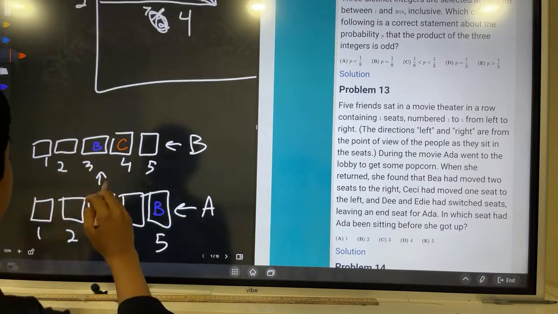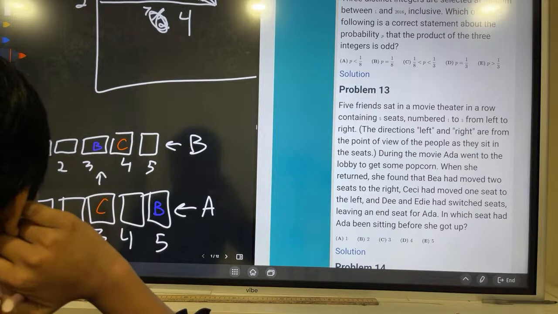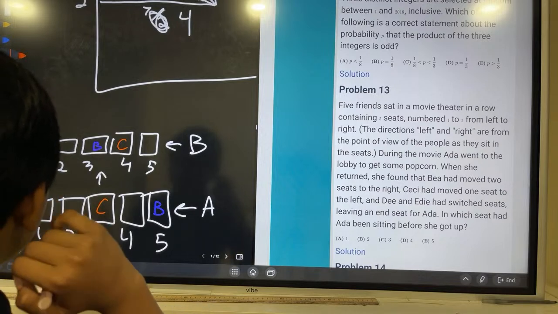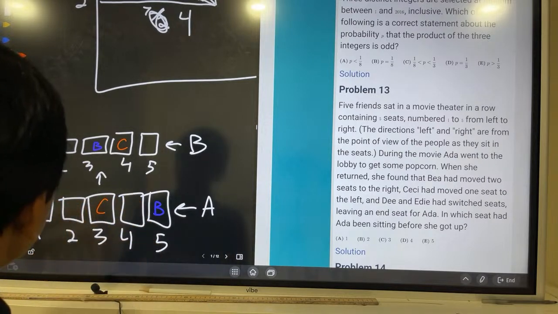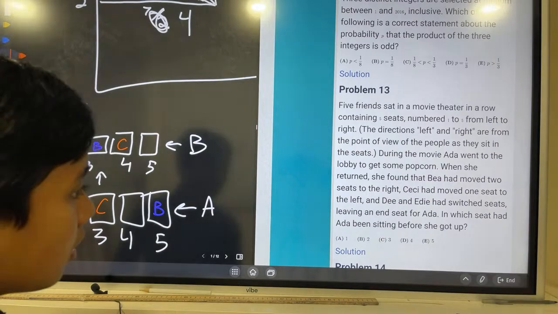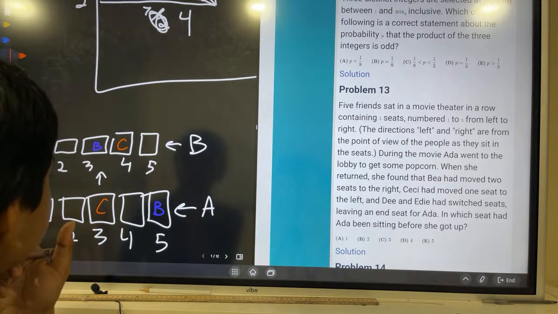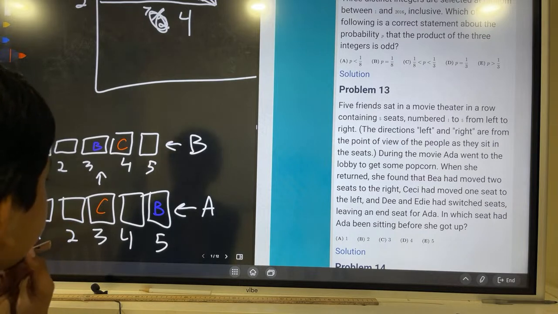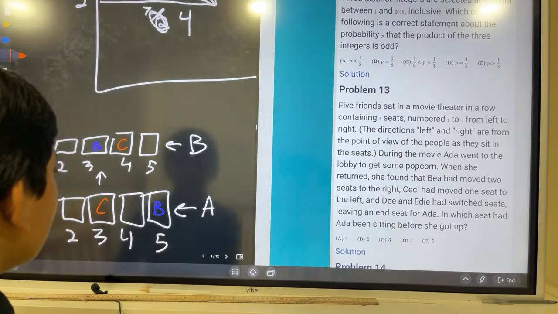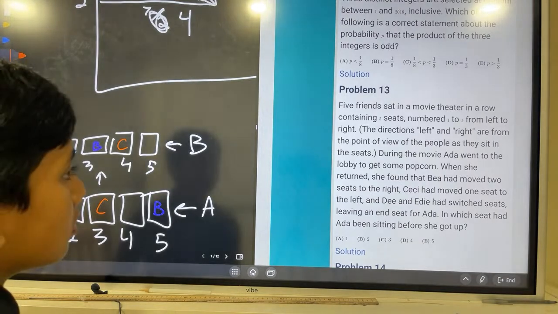So then she would move to seat 3. And then D and Edie have to be in one of the spots that isn't taken in either of them. Oh, leaving an end seat for Ada.